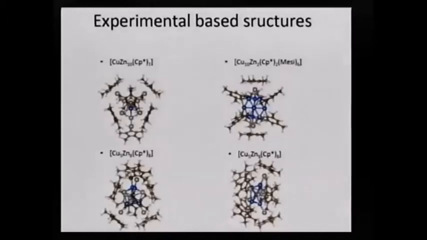Basically, what we did is exchange this central atom by this one. Exchange copper here by zinc and zinc by copper, retain the stoichiometry, perform the optimization calculations and see what happens to the energy.